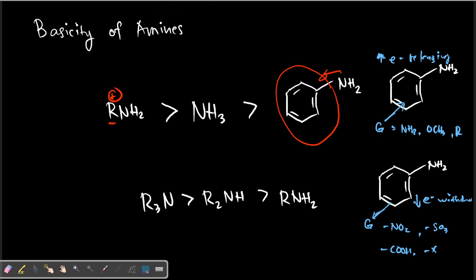And as for our electron withdrawing groups like our nitroso or yung NO2 natin, yung ating sulfuro, yung ating SO3, yung ating acyl compounds at saka yung ating mga halides, ito naman yung mga tinatawag nating electron withdrawing groups at dahil nag-withdraw tayo ng electrons, hindi na-stabilize yung cation. Therefore, dahil na-destabilize yung ating cation, nababawasan yung basicity ng ating aromatic amine.